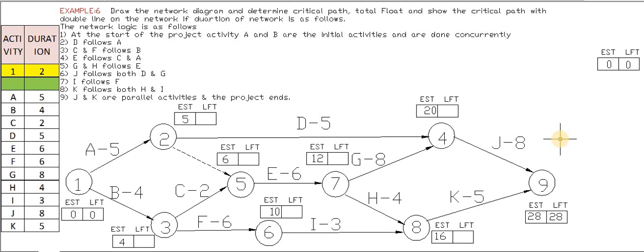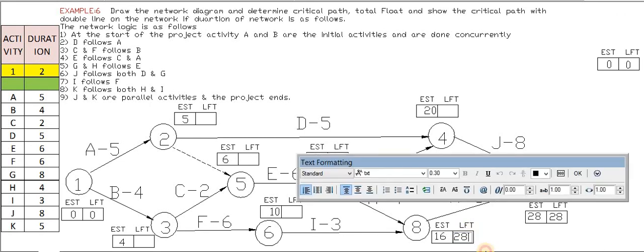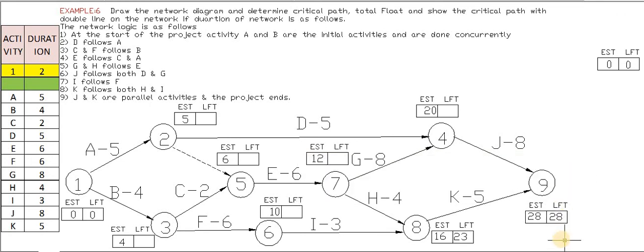So 23 will be the value for this. We will copy this and change it to 23. Only one tail end was here, therefore we have calculated only one, that is 23.